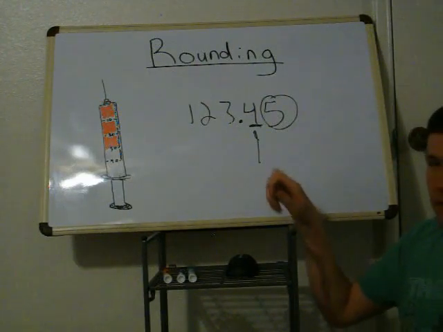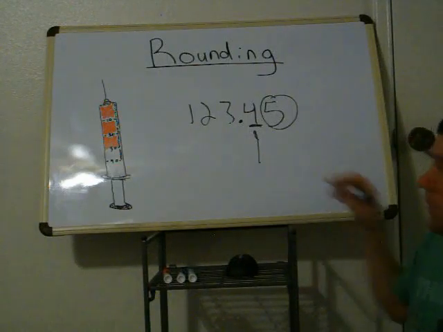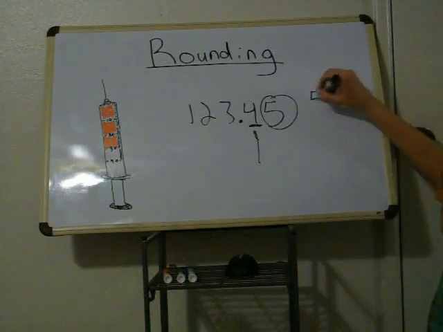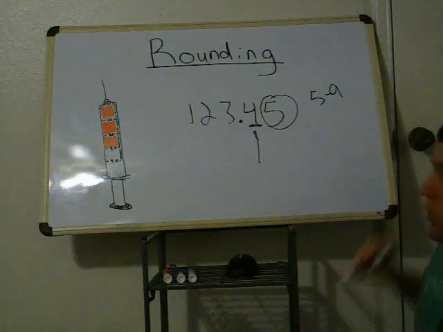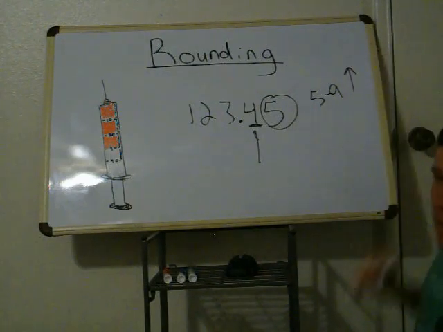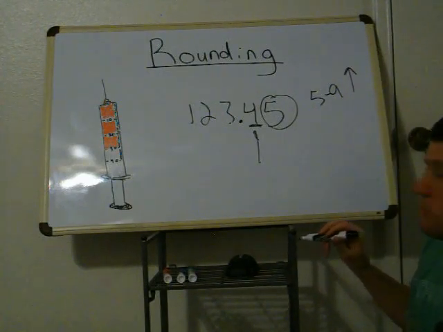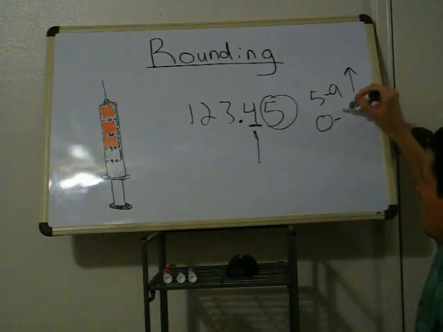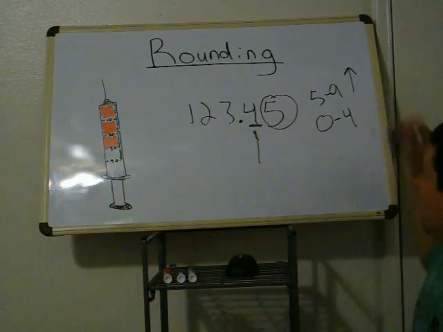So if the number is 5 or greater, so that's 5 through 9, we round up. And if the number is 0 through 4, we round down.